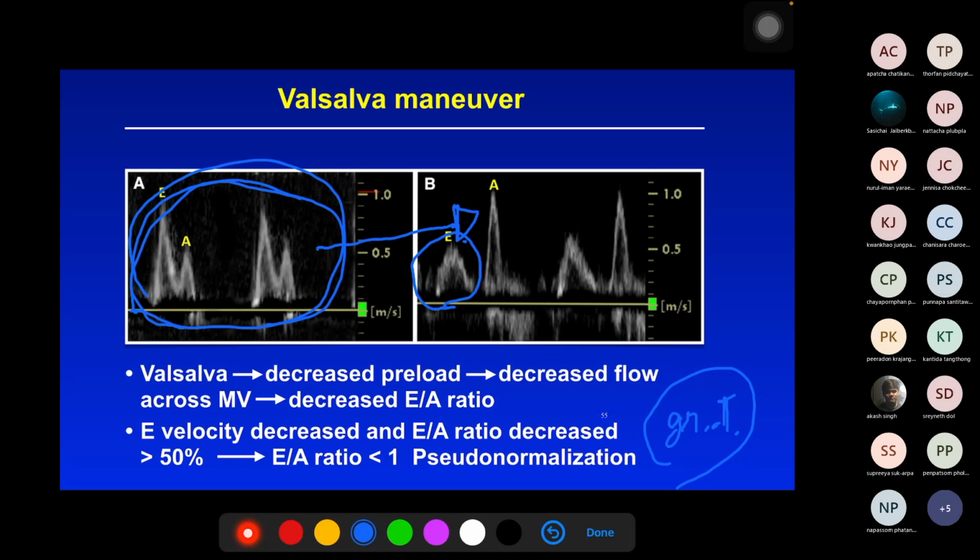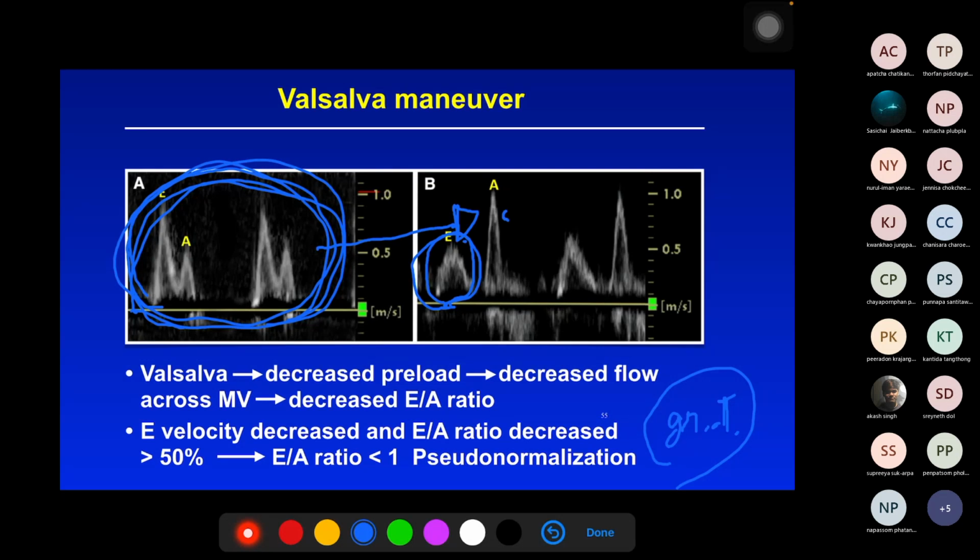But in a normal patient performing the Valsalva maneuver, you still get E over A. This is normal. But if you obtain an image where E is significantly decreased and the EA ratio is less than 1, this patient has grade 2 diastolic dysfunction.